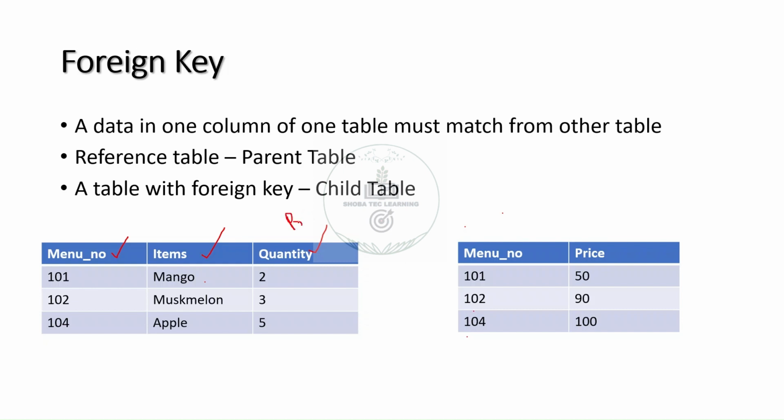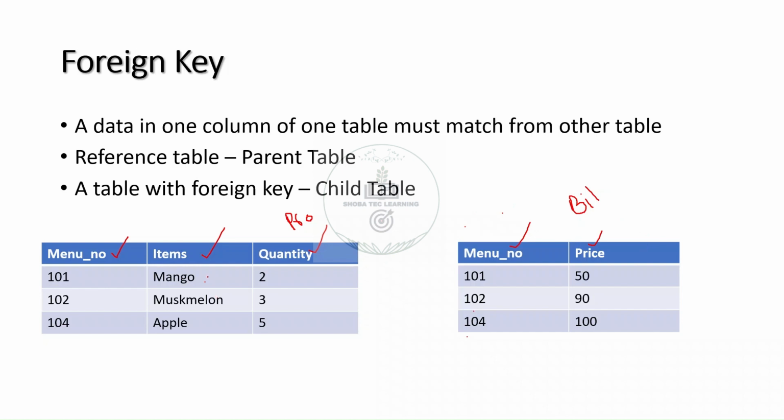I can consider this as the product table. Next, menu number and price, this one I can consider as the billing table. This one is the product table and this one is the billing table.